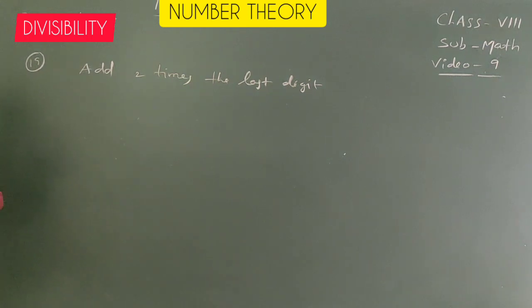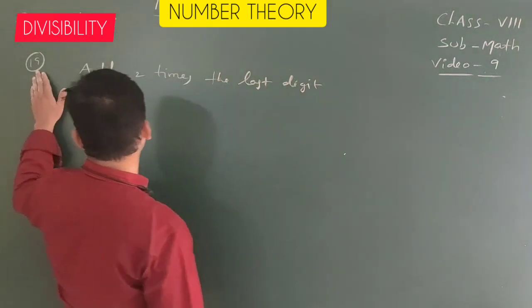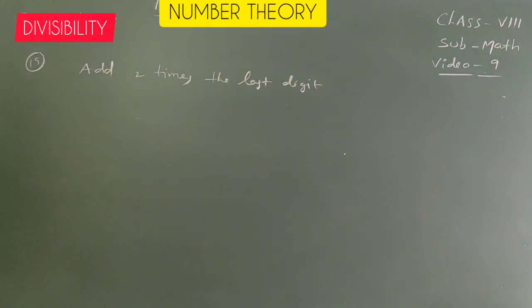Repeat as necessary. If the formed number is divisible by 19, then the number is also divisible by 19 only. Here add 2 times the last digit. The remaining process is the same.